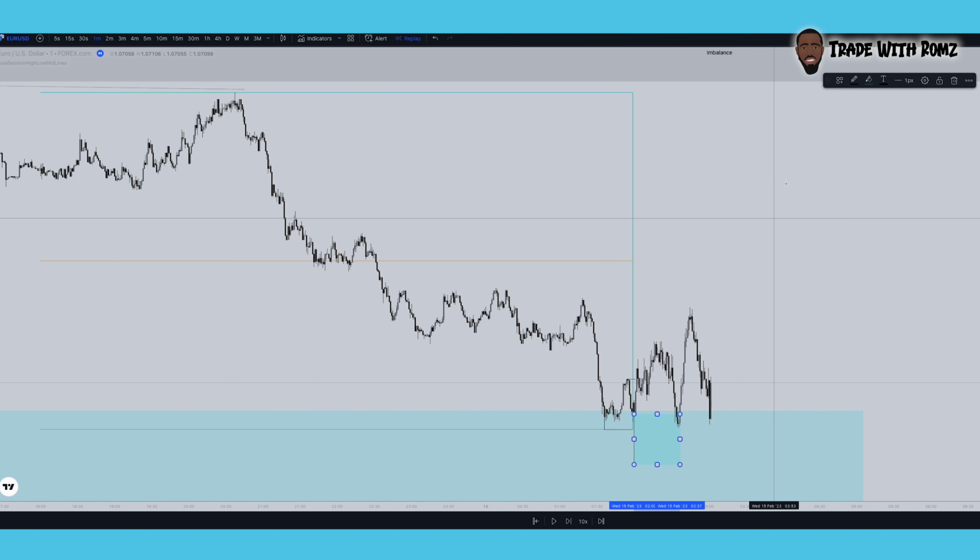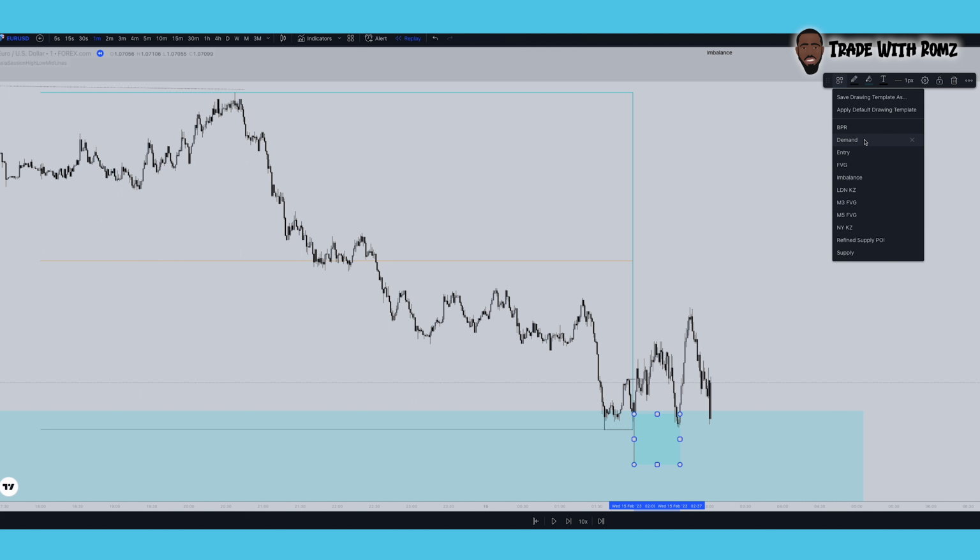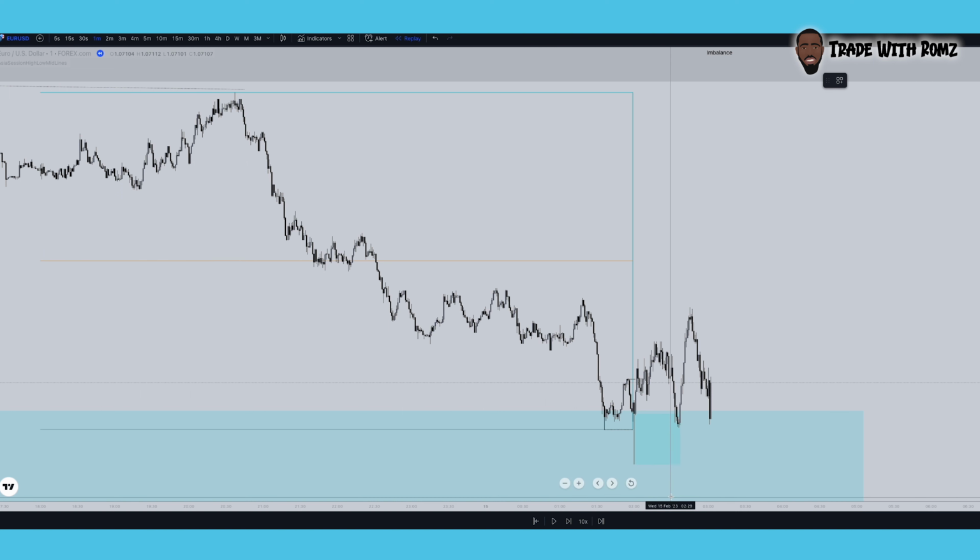You've got the wick of the sweep. So you have this rejection block. Price comes back up, then back down aggressively to tap into this wick, and in doing this, it sweeps liquidity. That's the purpose. So it's engineered liquidity, it swept it, and then we made another high.